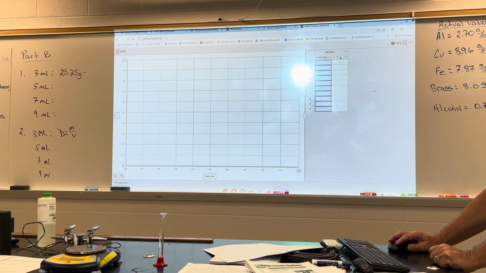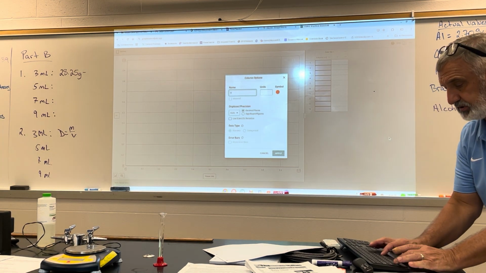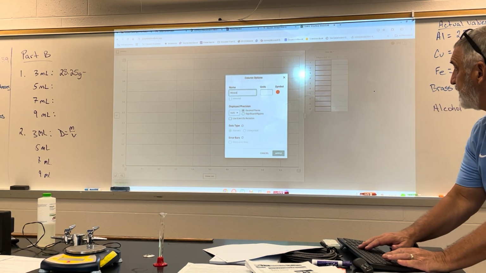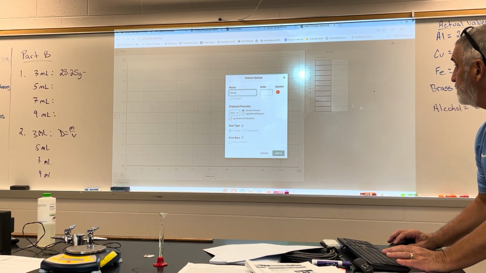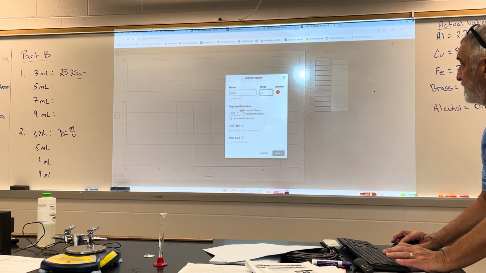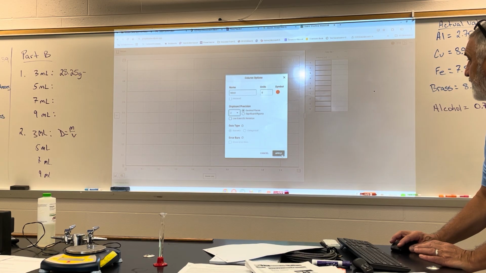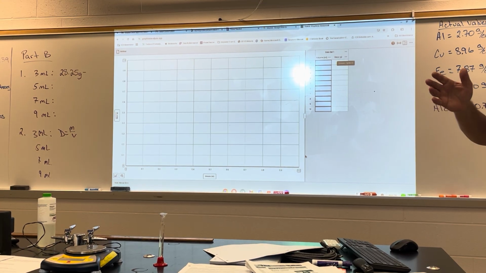And then do the same thing on your y-axis, except now the y-axis is going to be mass. What are the units of mass? Grams, so just put a g, and again 2 decimal places. Apply. Okay, so now I have my units and my axes labeled.